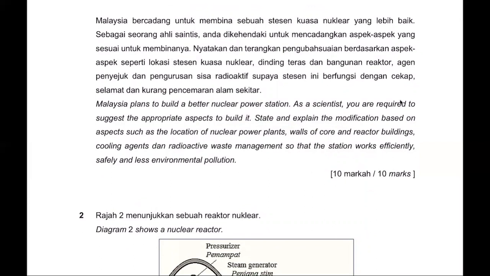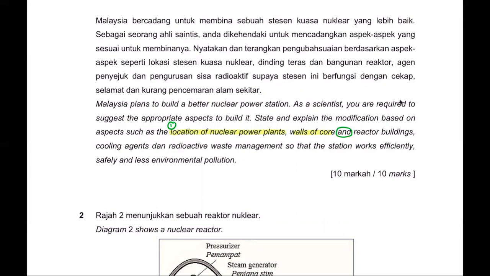So again, you can highlight this one. Location of the nuclear power plants, this one is aspect number 1. Second one is walls of core. Walls of core and walls of reactor buildings are connected by the word and, so actually it is two aspects here.